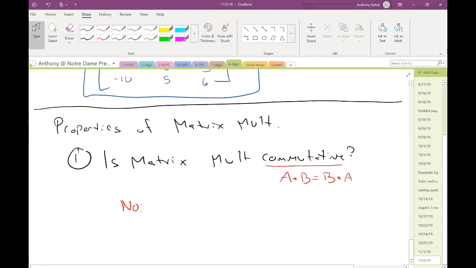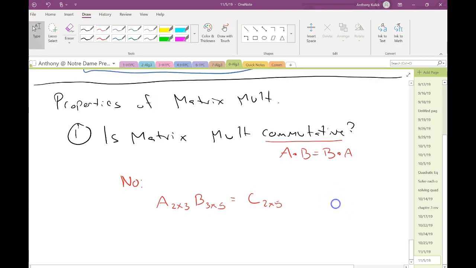What would our counterexample look like? So I think we had an example similar to this before, right? Where we said, okay, I'll take a 2 by 3 and multiply it by a 3 by 5. If I do that, I get a 2 by 5.